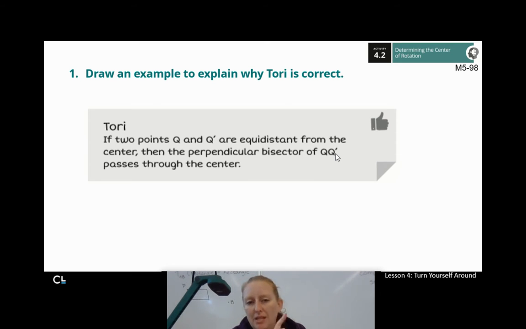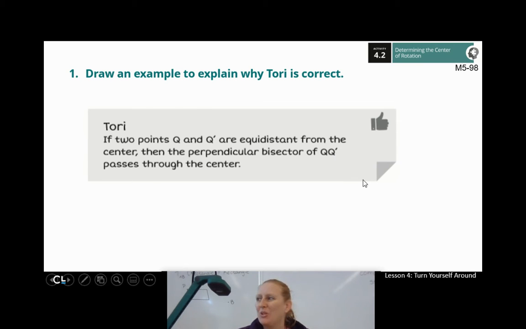So here's what this means. We can go backwards. I can look at a rotation, connect a point to its image with a straight edge, and then use my compass to create the perpendicular bisector. That's going to help me find my center.